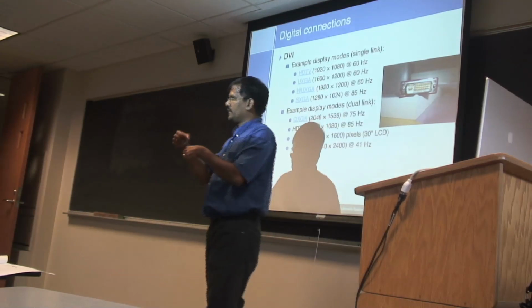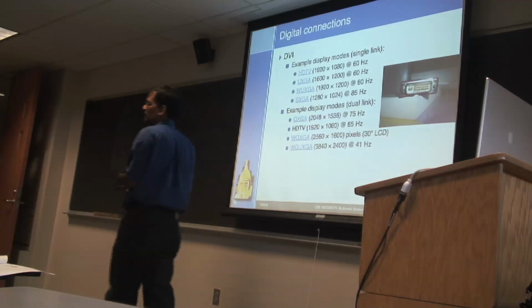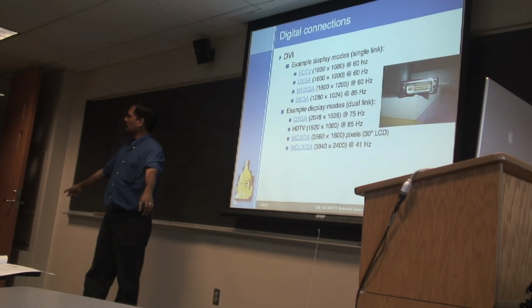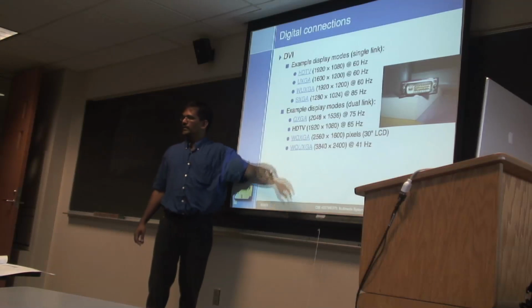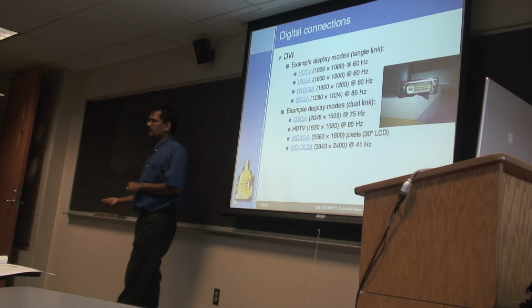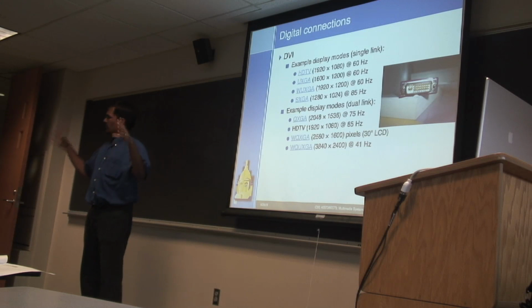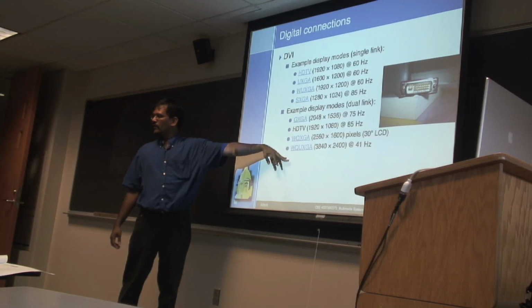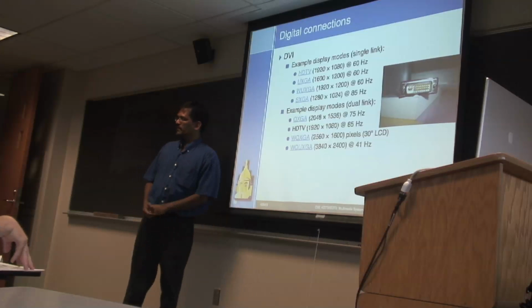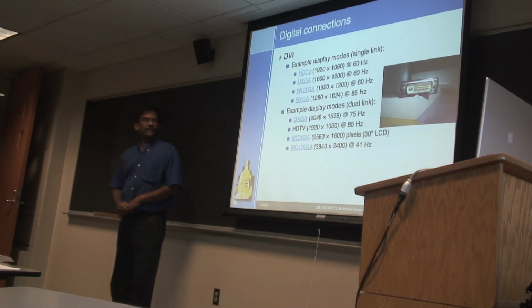So if you look at this stuff and you see the number of pins, right? If you have one of those 30-inch or so LCD panels with this kind of resolution, you're talking dual link, right? I think Apple has one of those, the high resolution one. You can actually go up to this resolution, which is pretty good, right?